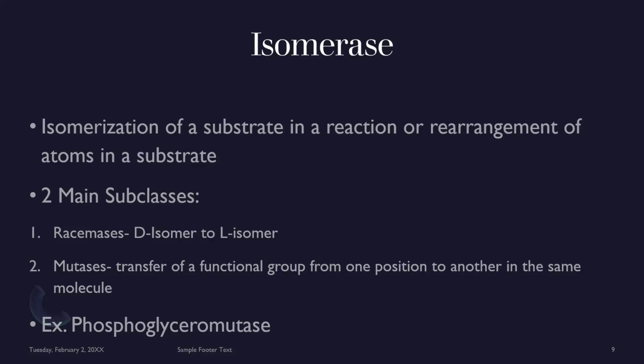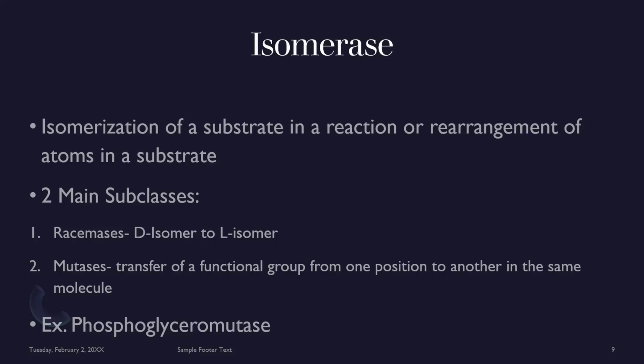So if the transferases transfer a functional group that involves energy, such as kinases, here mutases is only a transfer of a functional group so that the molecule will be an isomer of the original molecule. For example, phosphoglyceromutase.